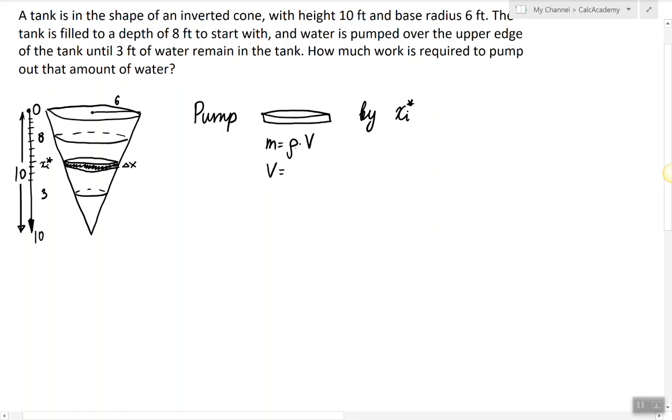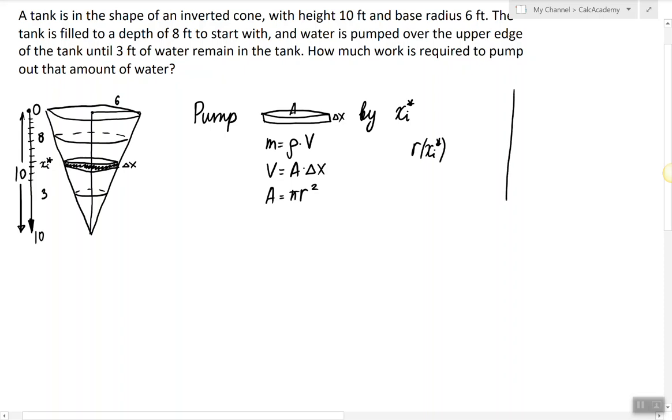To find the volume, we need to find the area of that circle and multiply it by the height, which is delta x. And to find the area of this circle, we need to know the radius of the circle, and the radius is actually a function of xi star.